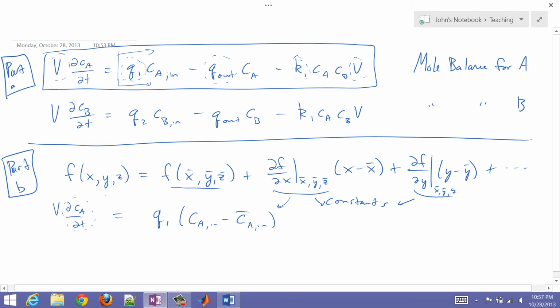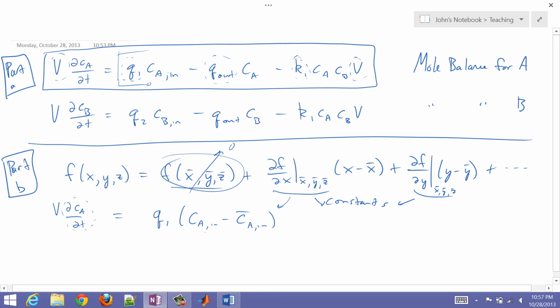So if I put the bar over each of these, and this equals 0, then this term becomes 0, so I don't need to do anything with it. Let me erase those bars up top here.